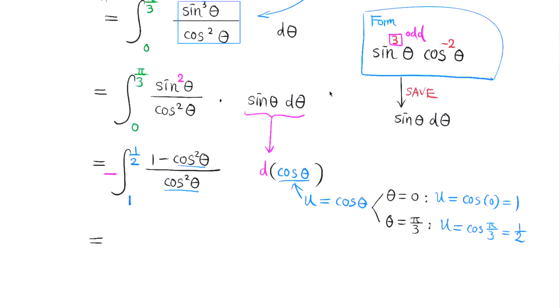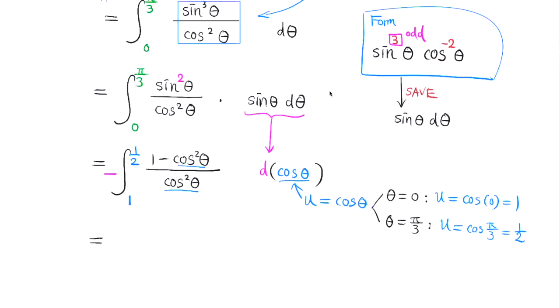Now you just need to figure out the upper and lower limits for cosine theta. Let u be cosine theta. When theta equals 0, u is cosine of 0, which is 1, so the lower limit is 1. When theta is pi over 3, u is cosine of pi over 3, which is 1/2, so the upper limit is 1/2. So cosine theta goes from 1 to 1/2.